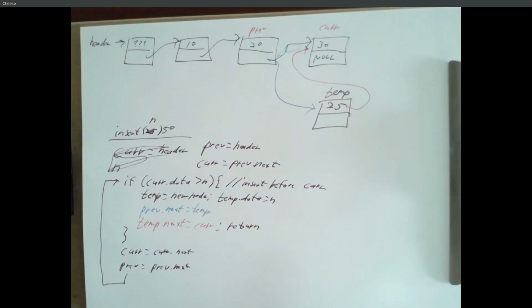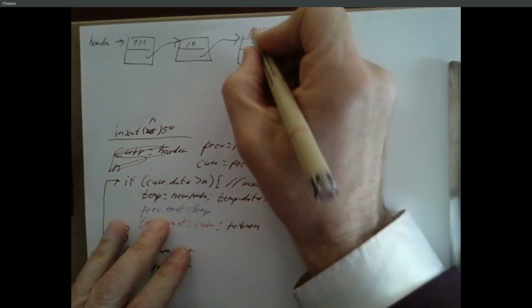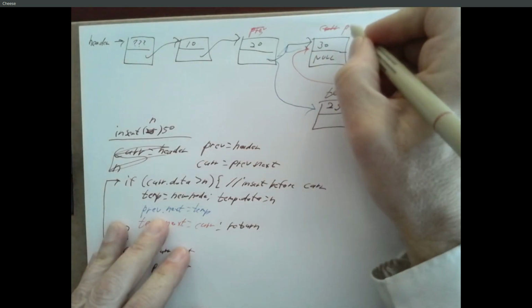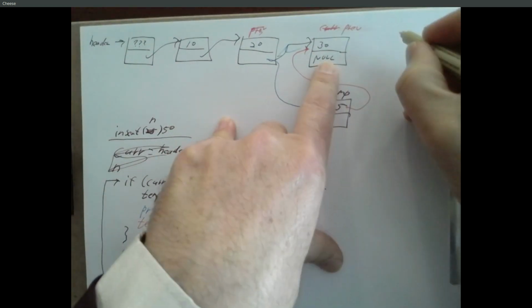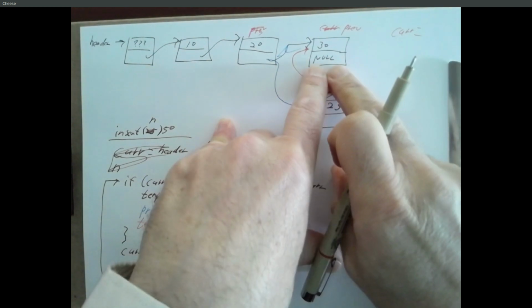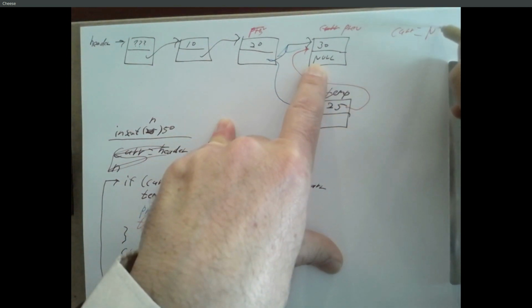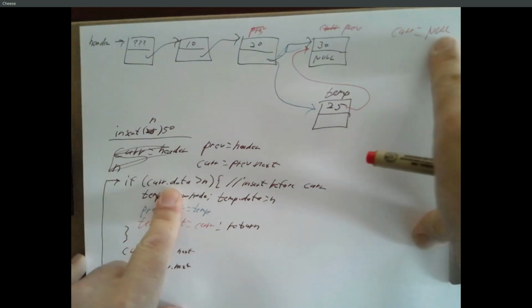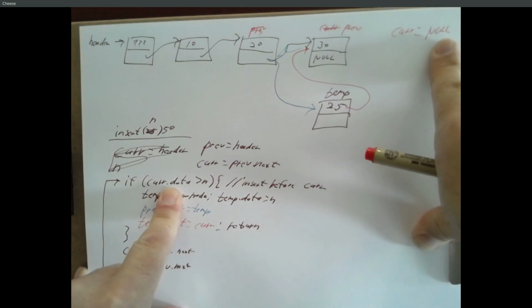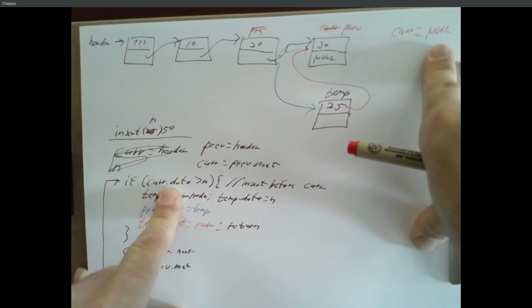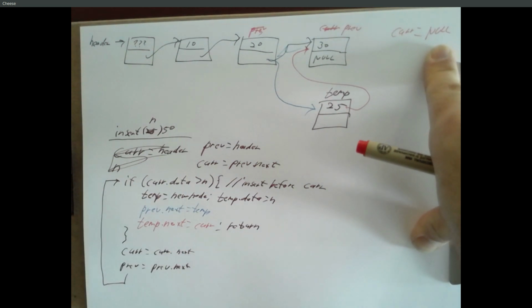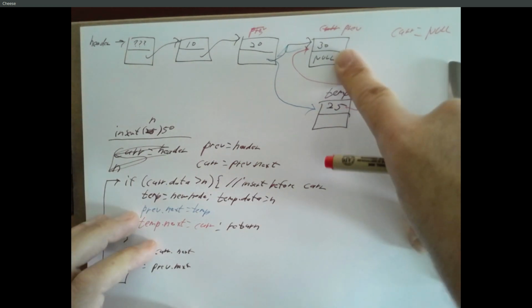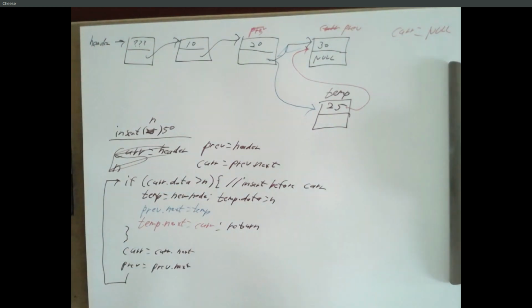So we're going to move forward, and previous will be equal to this, and current will be whatever previous was pointing to, which is null. And now if we try to check the data value in this null, we're going to get an error. Because when we say current equals null, that's not a node. It's saying that there was no node after this one. So current.data doesn't make sense.